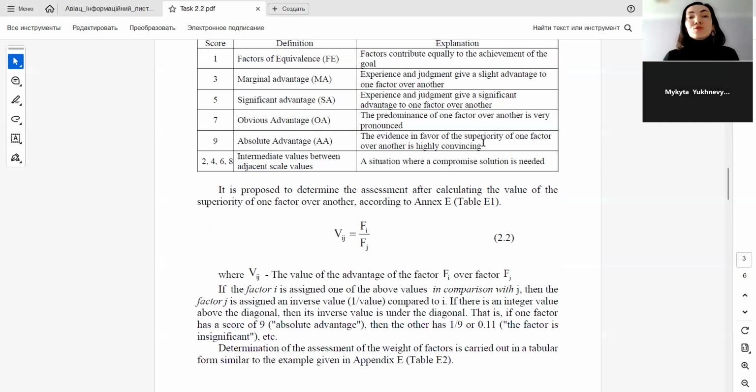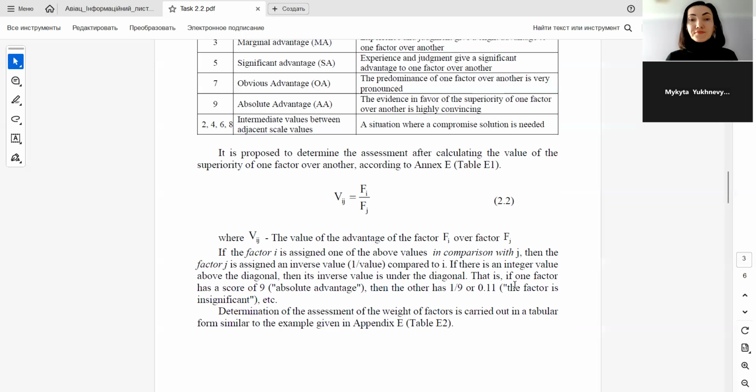It is proposed to determine the assessment after calculating the value of the superiority of one factor over another factor according to special annex E. And we use this formula, where it is the value of the advantage of factor f with index i over factor f with index j. So we take, for example, factor 1 and factor 2, and we need to find this value and calculate it, and see how we can use it in future.